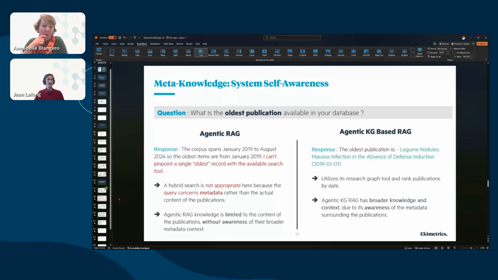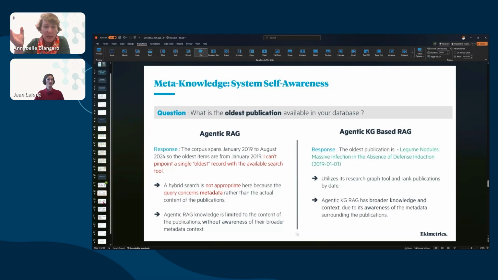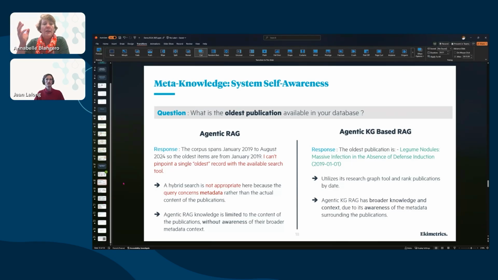So if we take another example, what is the oldest publication available in your database? Here we just compare the Agentic RAG and our solution. The response that the Agentic RAG will give is basically, I can't pinpoint a single oldest record. It doesn't have that metadata information that would allow it to pinpoint that information. Whereas our solution is giving the answer that it is legume nodules published on the 1st of January 2019.